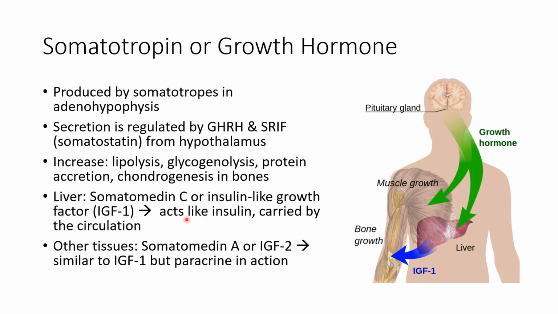The main goal of insulin is to enable the entrance of glucose into your cells. When glucose is allowed to enter the cells, it may be used for other purposes, and for the purpose of growth hormone, of course, it will be used for growth. The previously mentioned somatomedin A, or your IGF-2, is similar to IGF-1, but it is paracrine in action, so it just acts on cells that are nearby.